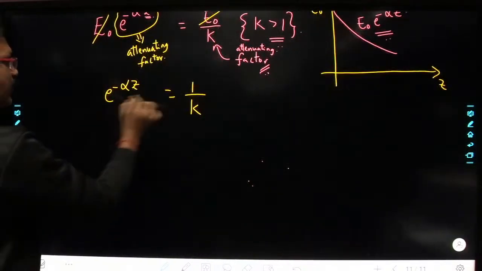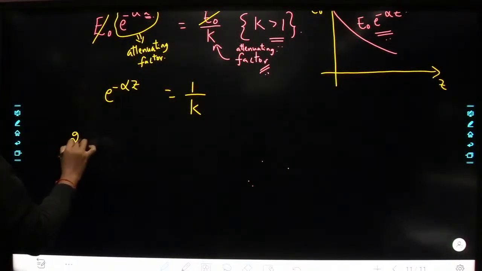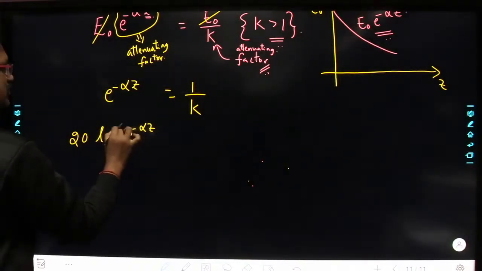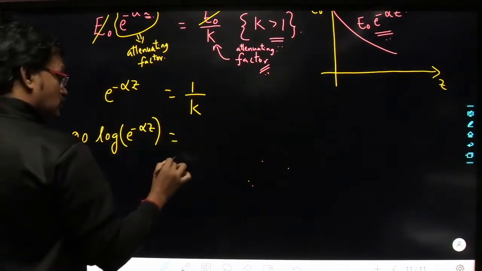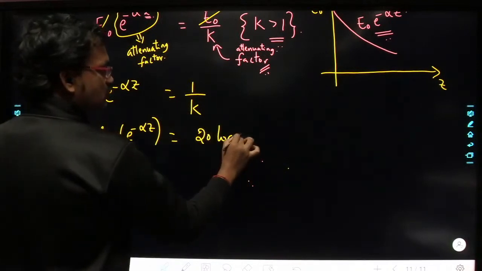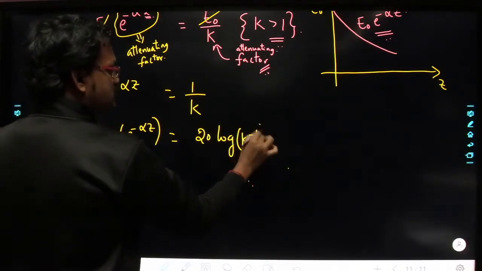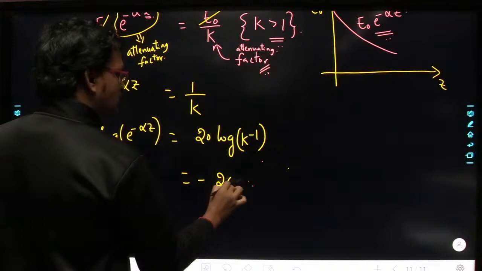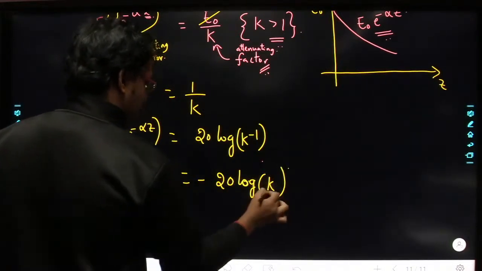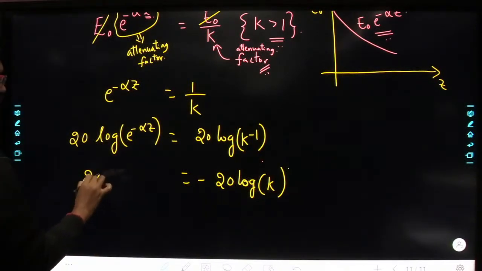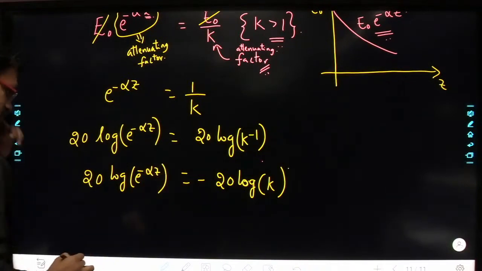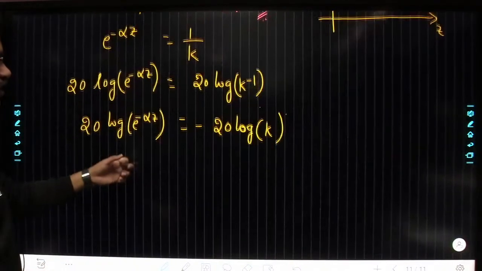Now if I apply 20 log on both sides, I get 20 log of e power minus alpha z is equal to 20 into log of 1 by k. 1 by k I can write as k power minus 1, so this is equal to minus 20 into log of k. So 20 into log of e power minus alpha z is equal to minus 20 into log of k.